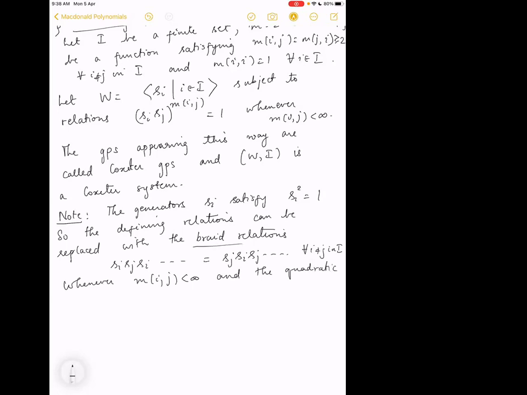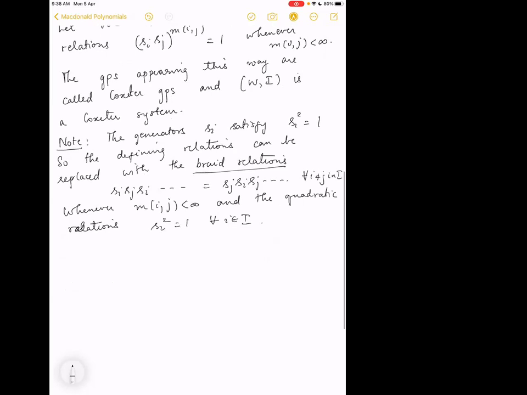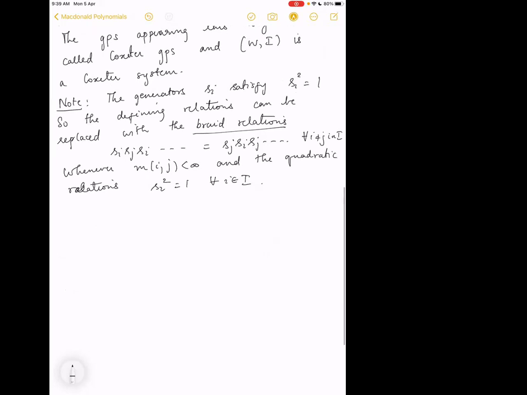So these are called the braid relations, and then we have the quadratic relations, s_i squared is 1 for all i in I. Okay, so this way of writing down the relations in the Coxeter group will be helpful when we write down the braid group, the associated braid group, and the associated Hecke algebra.